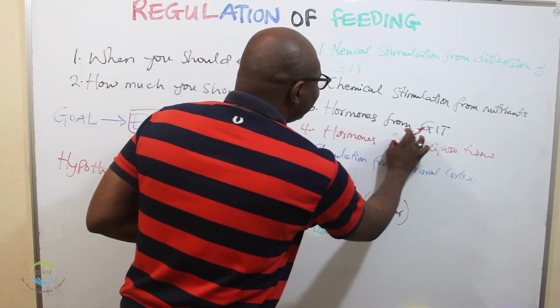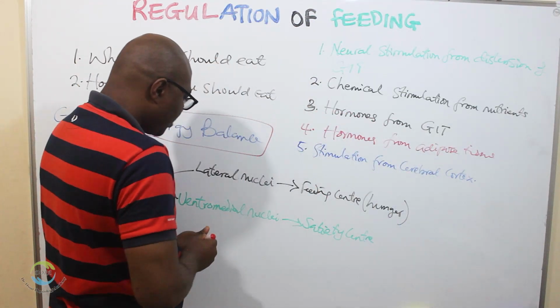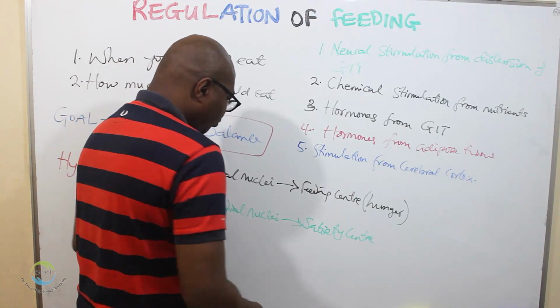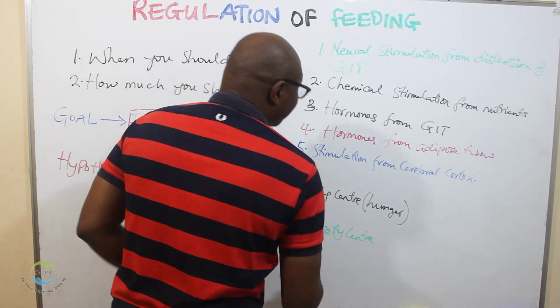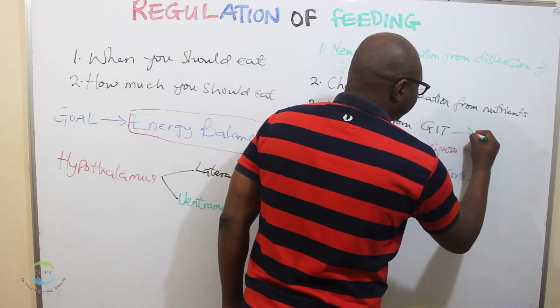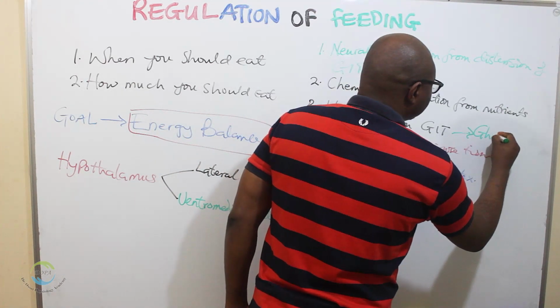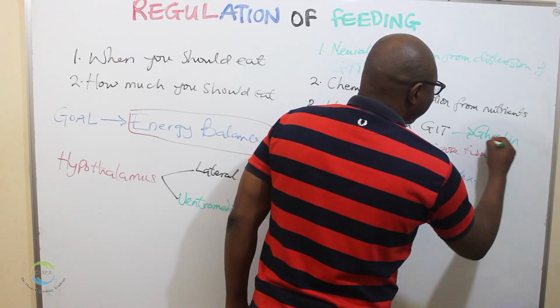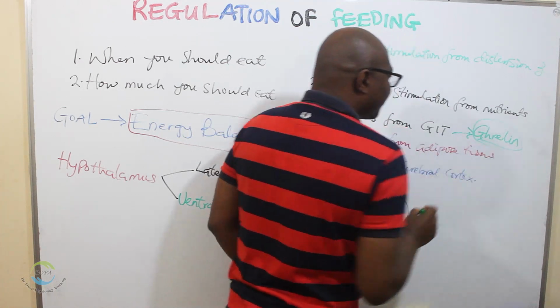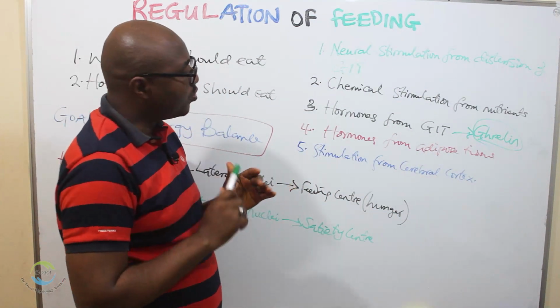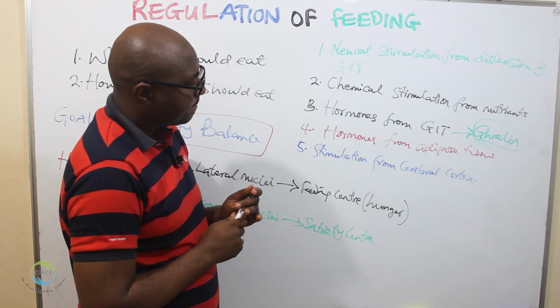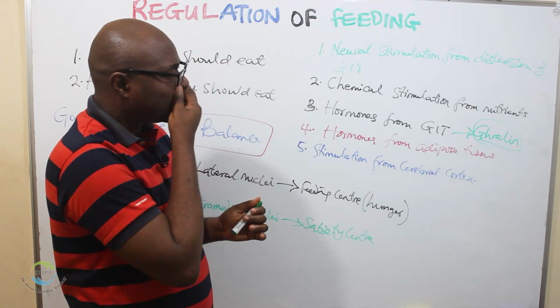Then this one, hormone from the GIT. There's a particular hormone called ghrelin. This ghrelin is a newly discovered hormone. And what does it do?